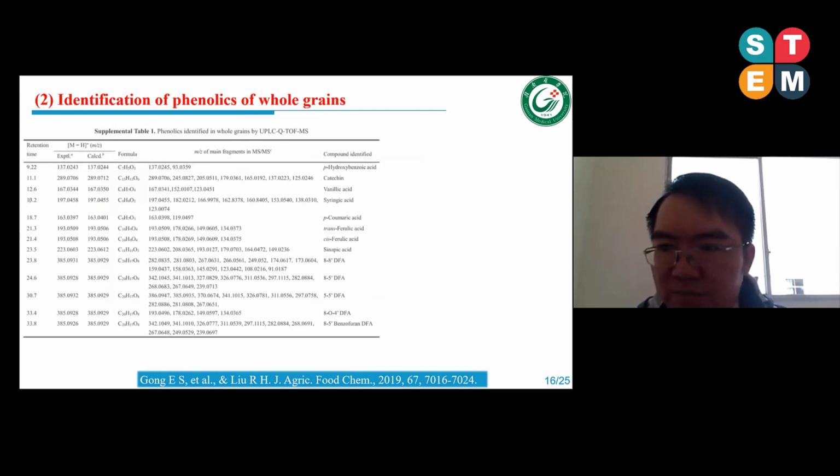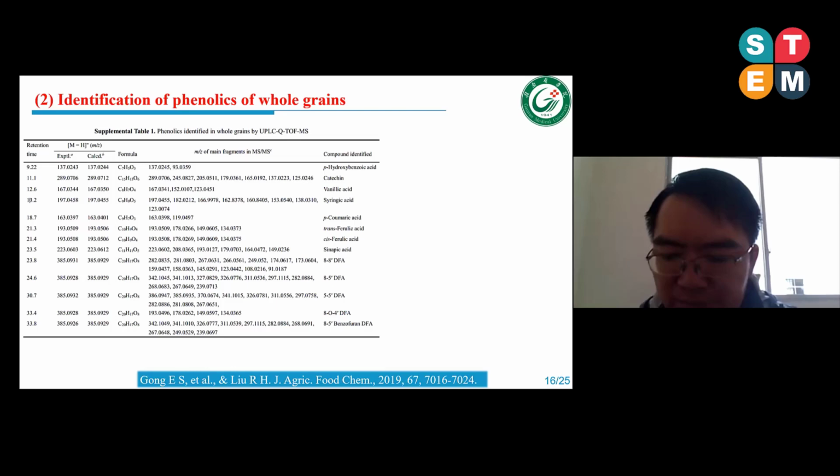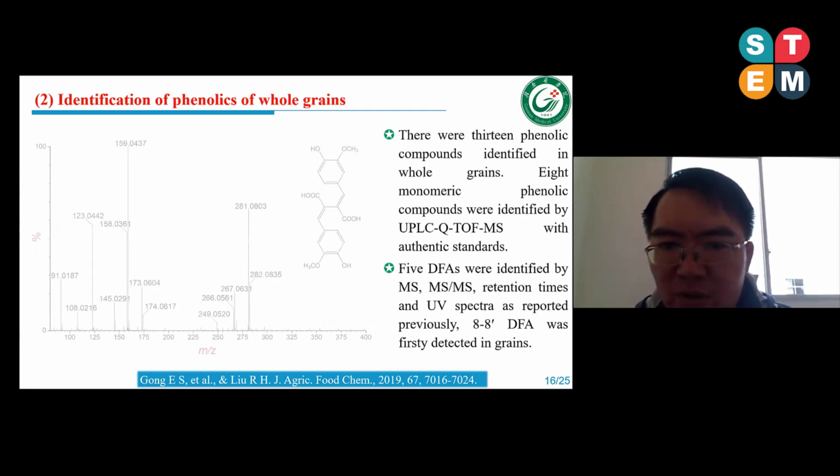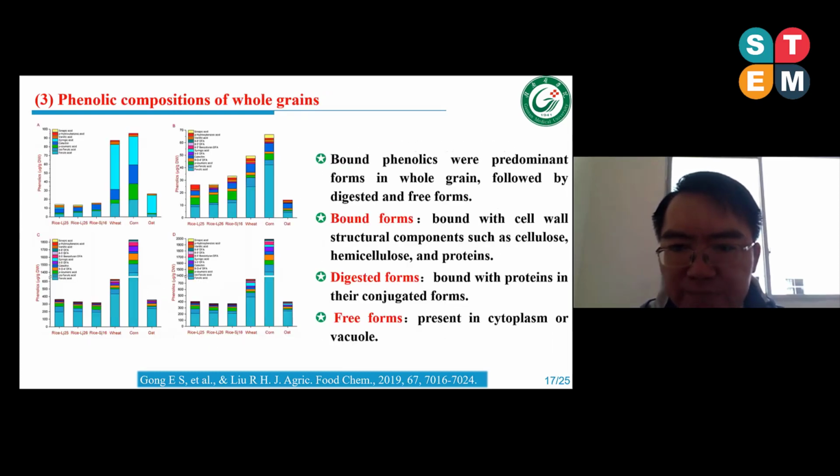There were 13 phenolic compounds identified in whole grain. 8 monomeric phenolic compounds were identified by UPLC Q-TOF mass with authentic standards, and 5 diferulic acids were identified by mass, retention time, and UV spectra as reported previously. 8-5 diferulic acid was first detected in grain.